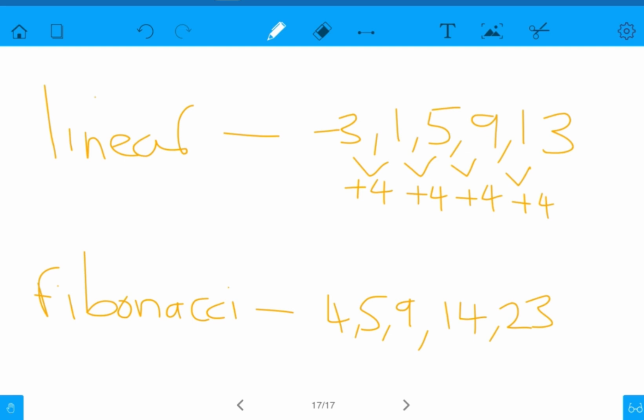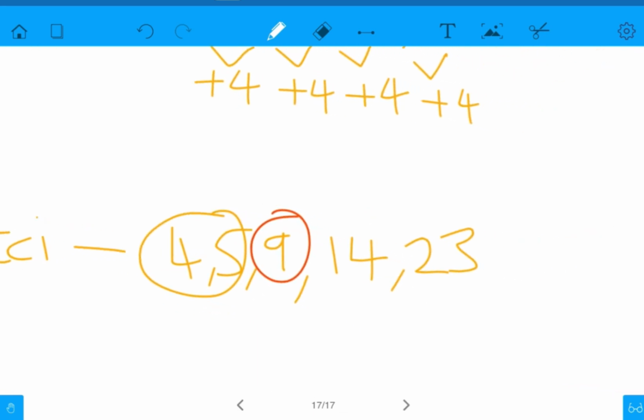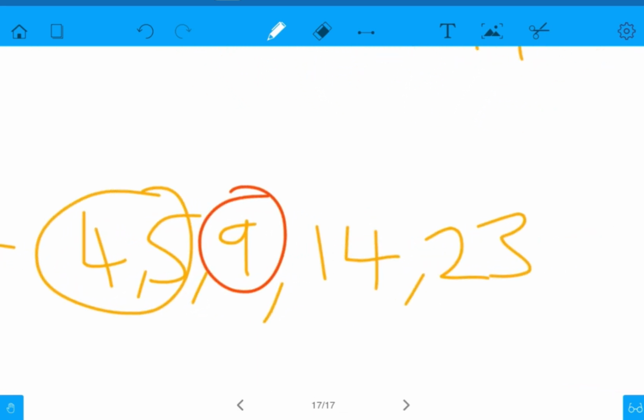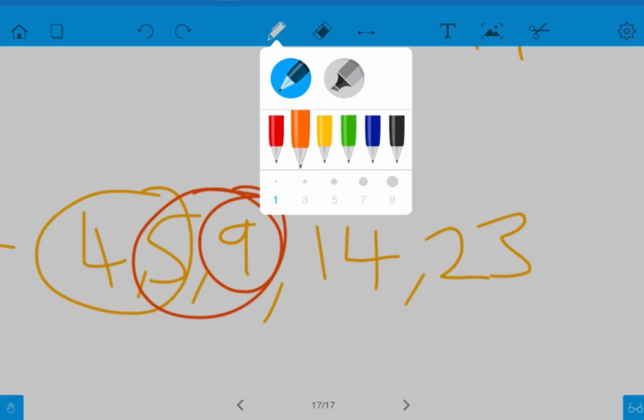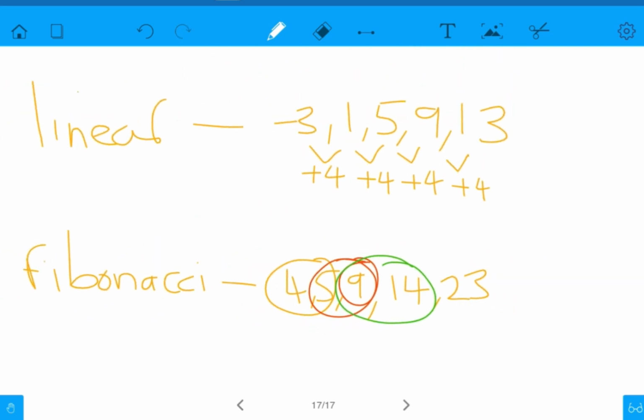So in this case, for example, 4 plus 5 is equal to 9, which is this number here. And then to get the next term after 9, you do 9 plus 5, which is 14. And then the next number after 14, which is 23, that's the sum of 14 and 9. So the way the Fibonacci sequence works is that the next term is the sum of the previous two terms.